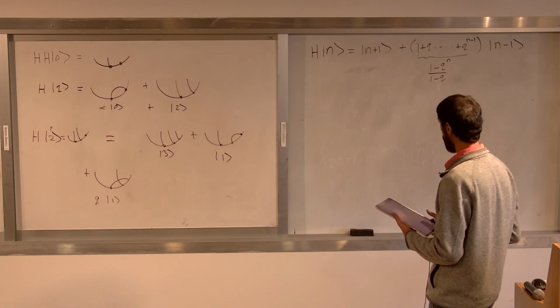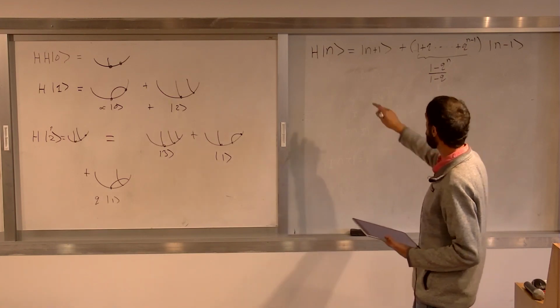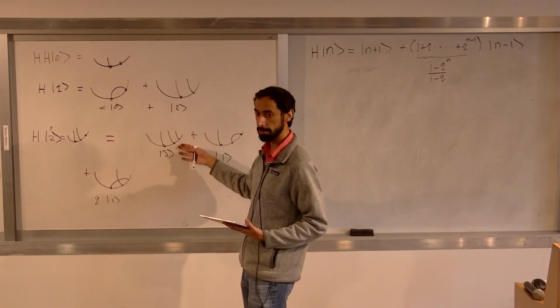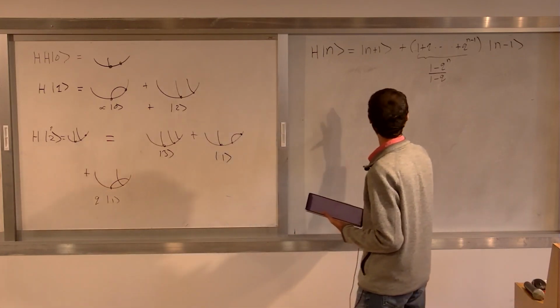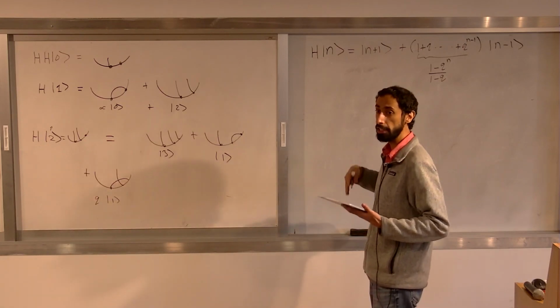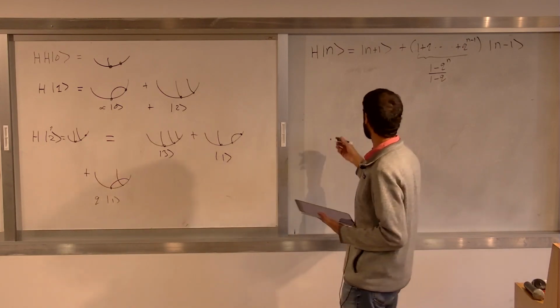Now, so far I've been thinking about the H as something that acts on the boundary. But nothing stops me from reinterpreting this as saying that there's an H in the bulk that creates and annihilates chords.